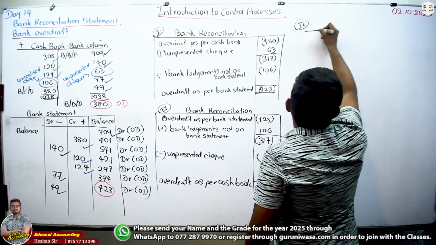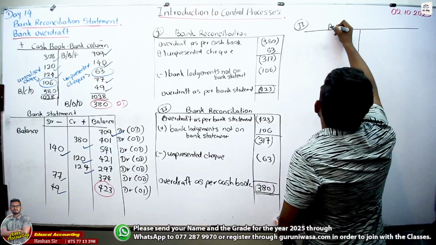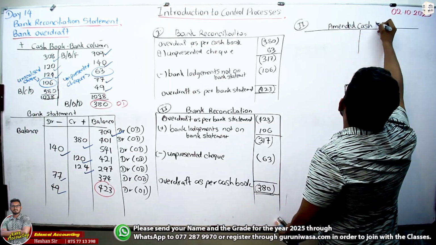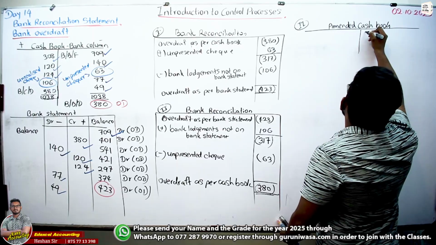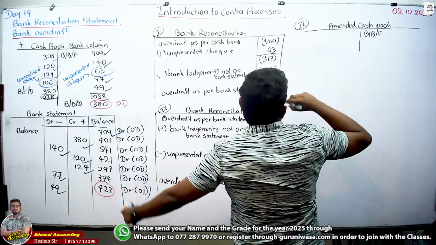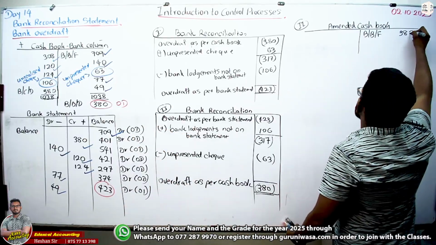In the third method also you can use it, it's easy, right? Why? Here first we prepare the amended cash book. In the amended cash book, we take the credit side 308, right?